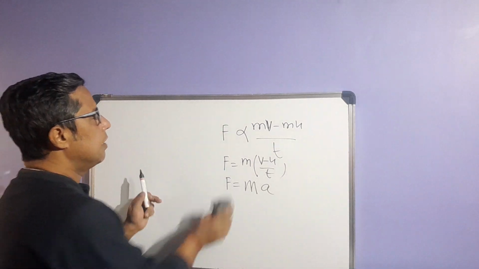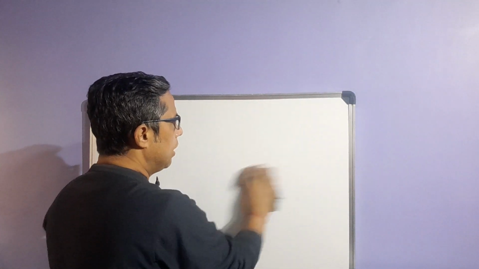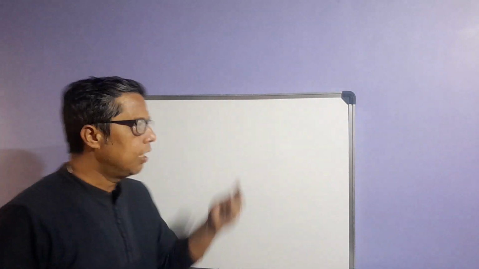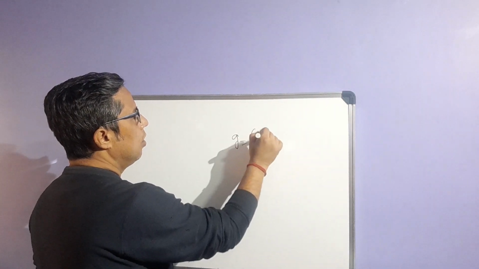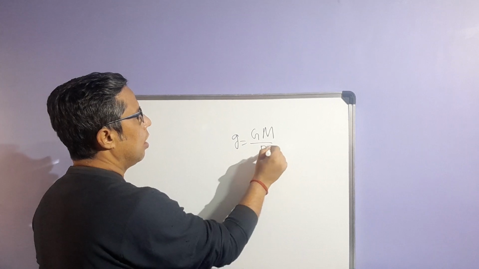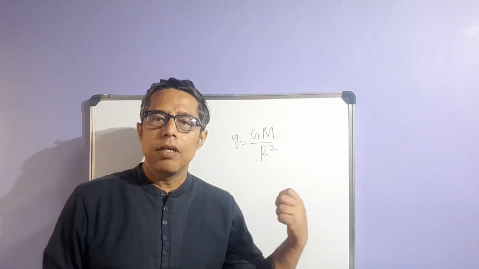Now next is the relation between small g and capital G. Small g is the acceleration due to gravity, so g is equal to GM by r square. Very important relation. And how did it come?